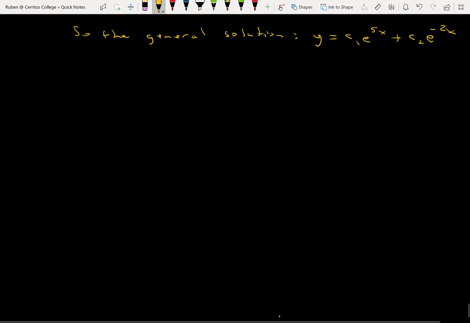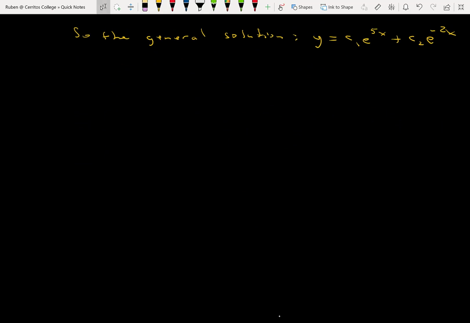Okay. All right, now let's take a look at a theorem that's going to allow us to not have to go through, for each of these problems, determining that the solutions to the auxiliary equation correspond to linearly independent solutions.